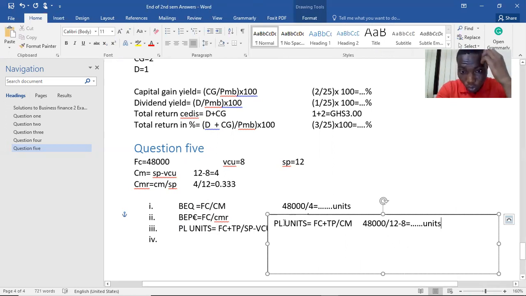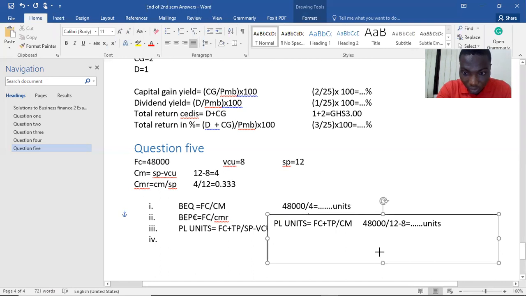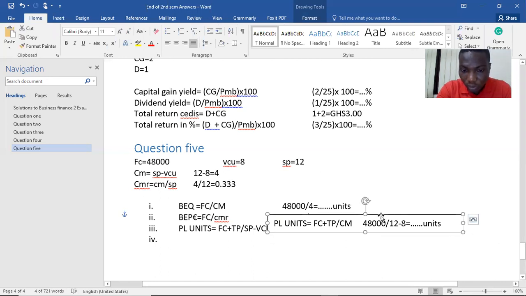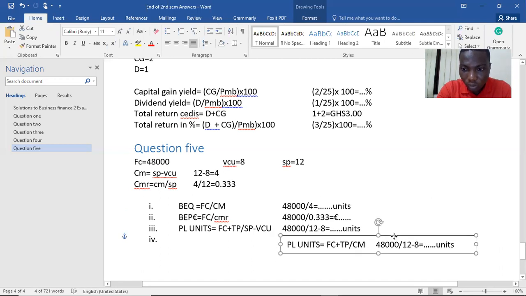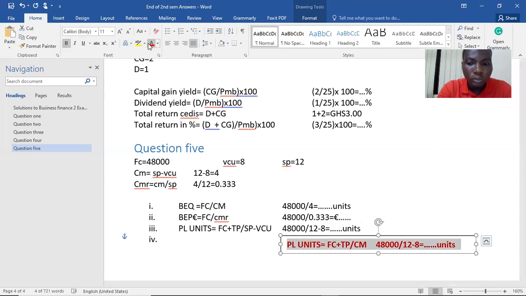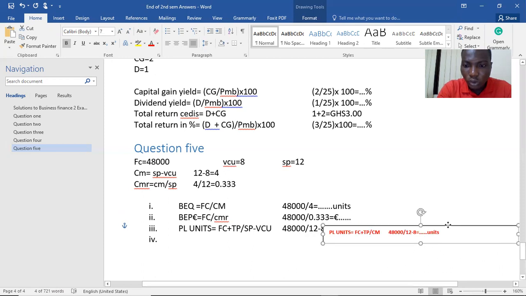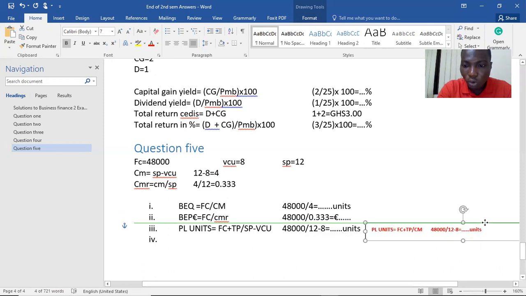So this particular one is for the contribution method.